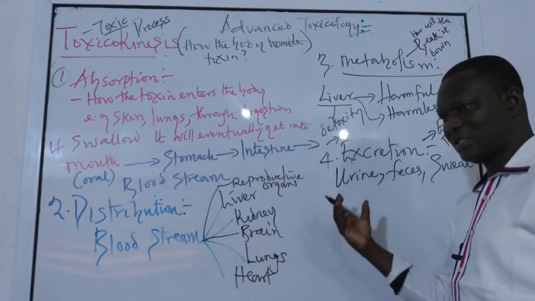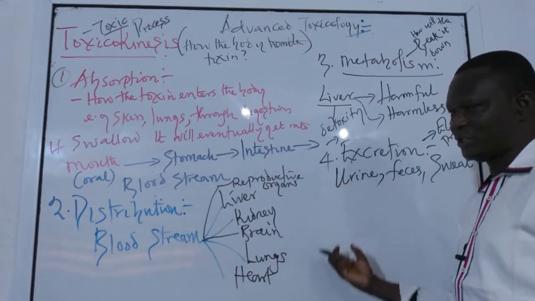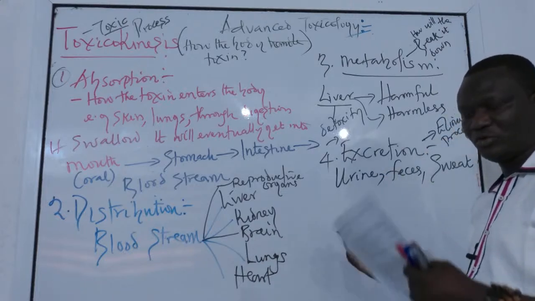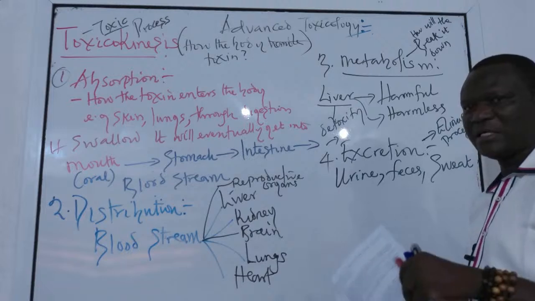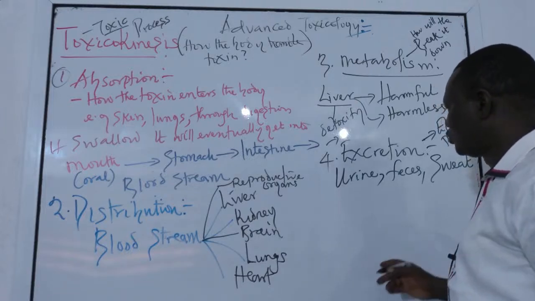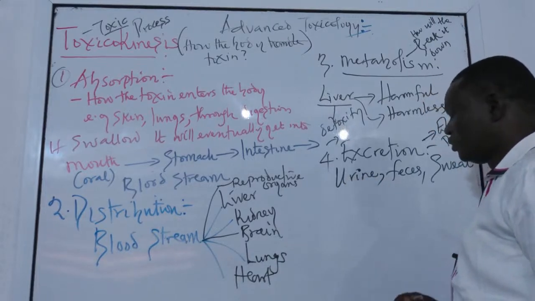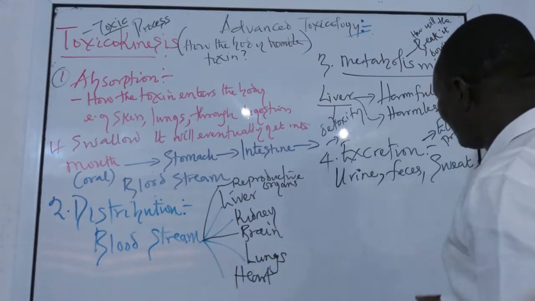Don't forget that the kidney has the ability to filter through the glomerulus. It will filter it and pass it into the urinary tract, and it will be excreted.